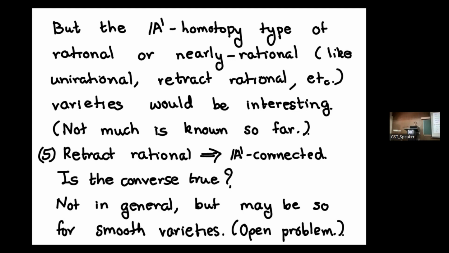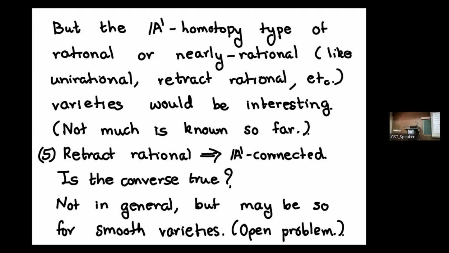So there, the A1 homotopy type is quite interesting, but not many results are known so far, except for a few. What is known is that retract rational implies being A1 connected. What do I mean by being A1 connected?